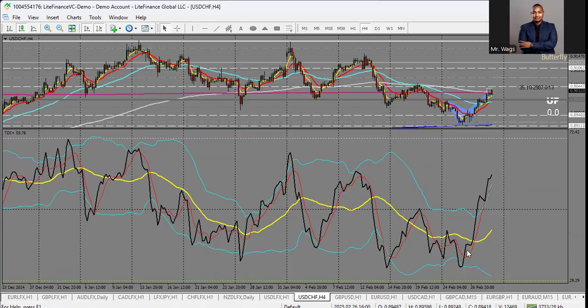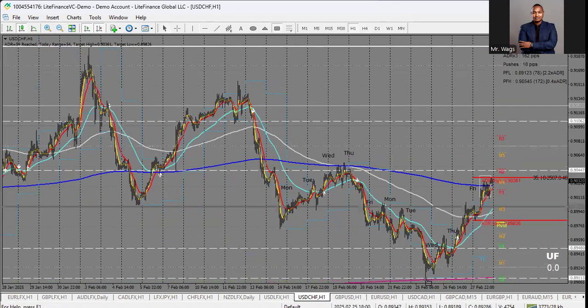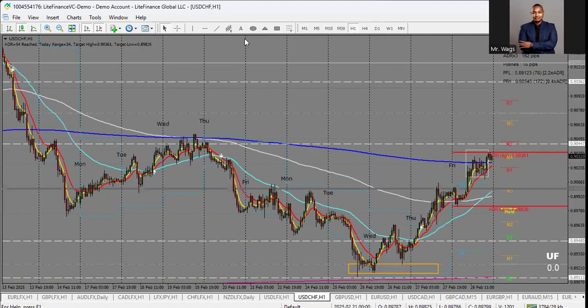So the peak was at this shark fin, and we have the first, the second, and the third level, but we can still see a potential upside to reach the level high here. So on the hour time frame, USDCHF has formed that peak. Let's just draw the area boxes.